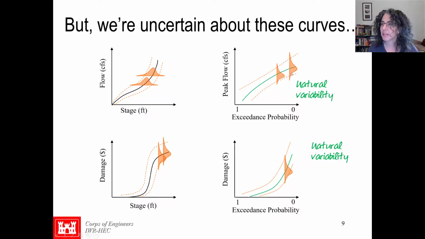Now, if I take this PDF and span 90% of the middle of it and knock 5% off of either tail, then I can draw a 90% confidence interval. And I can trace that 90% confidence interval from the PDFs all along the length of the curve. Right? So the 90% confidence interval is a bit of a simpler way of depicting the uncertainty, so our pictures are a little bit clearer, right?